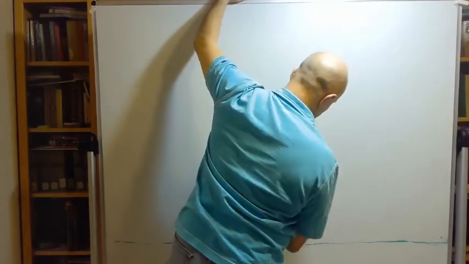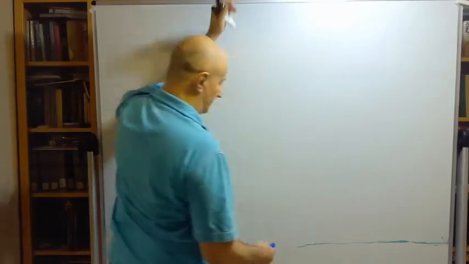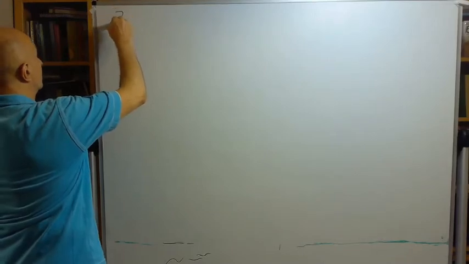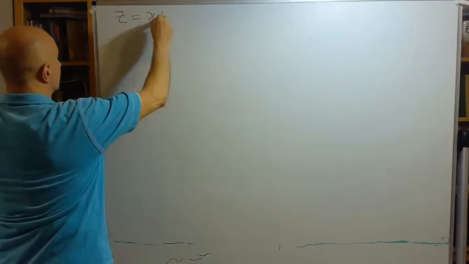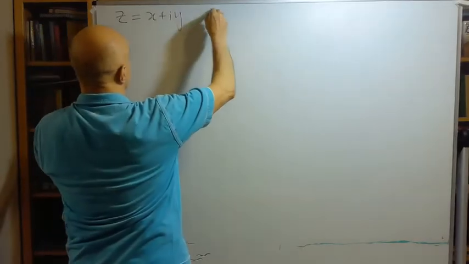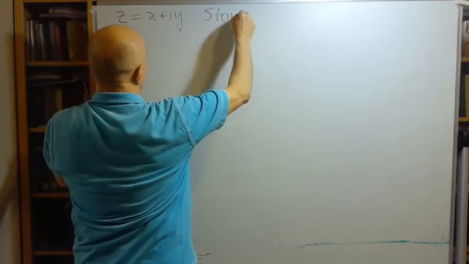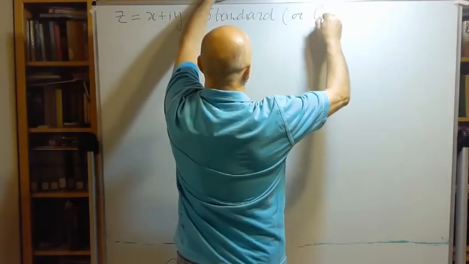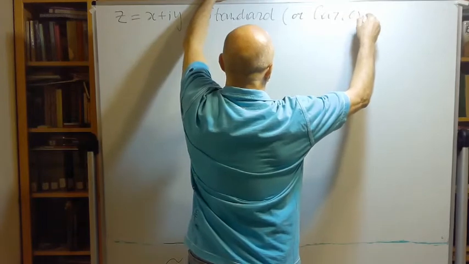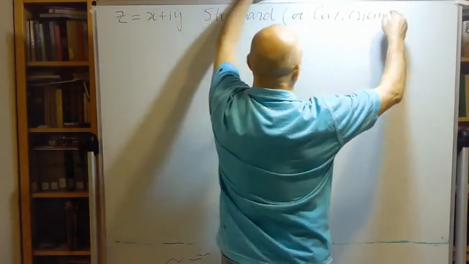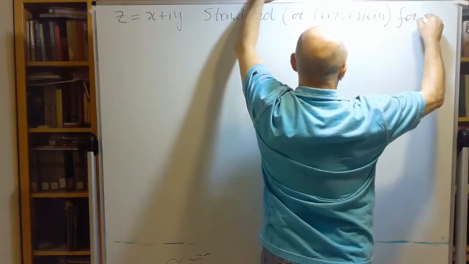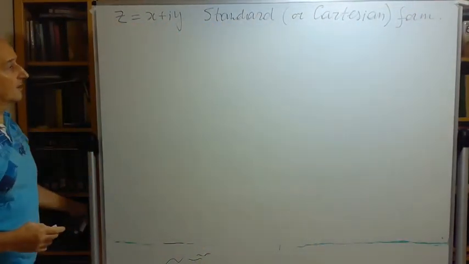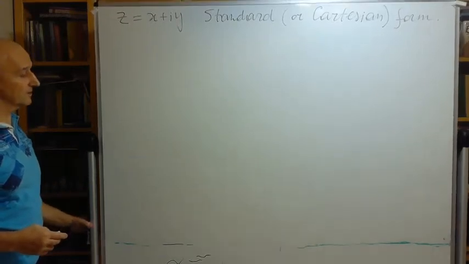Whenever we have an expression z equals x plus iy, it's called a standard, or Cartesian form of a complex number.